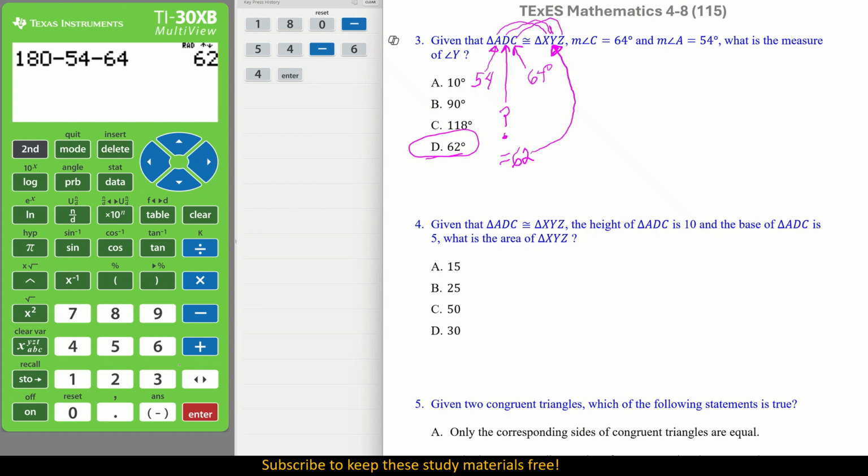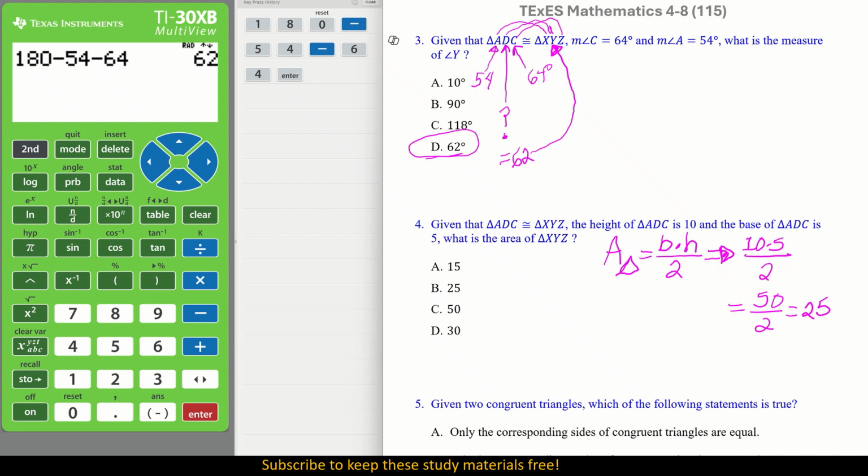And we know that the area of a triangle is equal to base times height divided by 2. So this implies that we have 10 times 5, or 5 times 10, whichever way you want to see it, divided by 2. That is going to equal 50. Oops. Well, let me go ahead and write it all the way out. That is 50 divided by 2, which is 25. Okay, we already know this, so that equals 25.